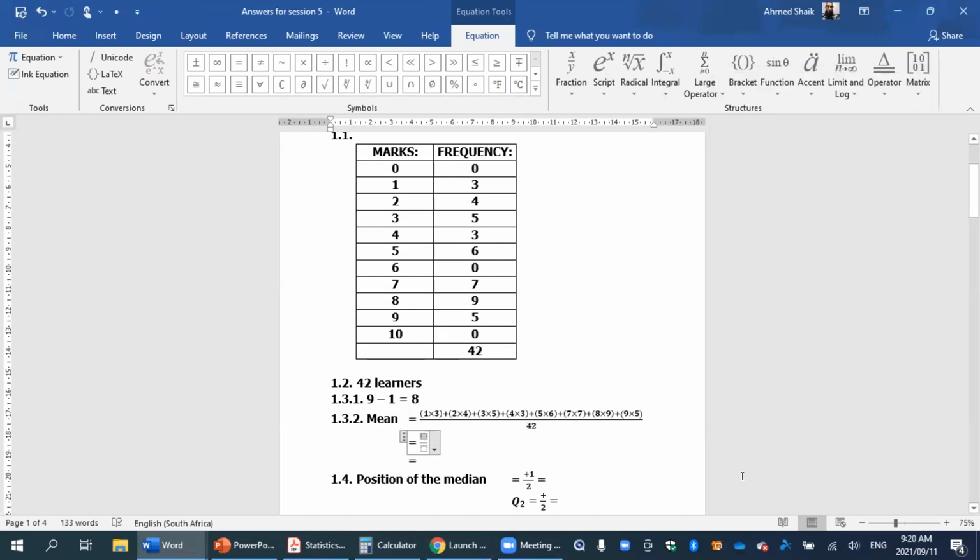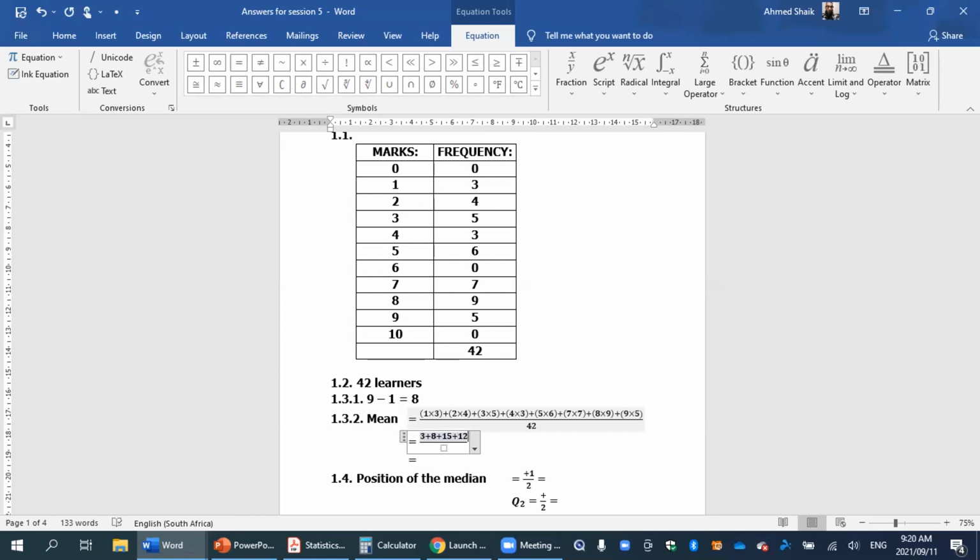all right, we've got our first bracket, 1 times 3, we've got 3. Our second bracket, we've got 2 times 4, which is 8. Our third bracket, we've got 3 times 5, which is equal to 15. Our fourth bracket, we have 4 times 3, which is 12.